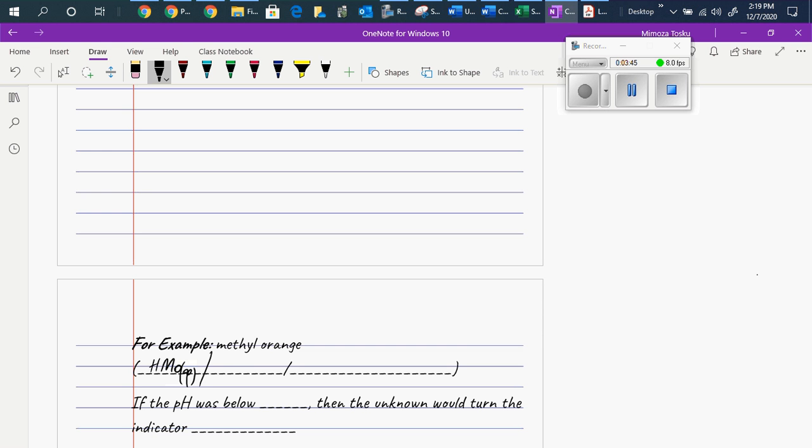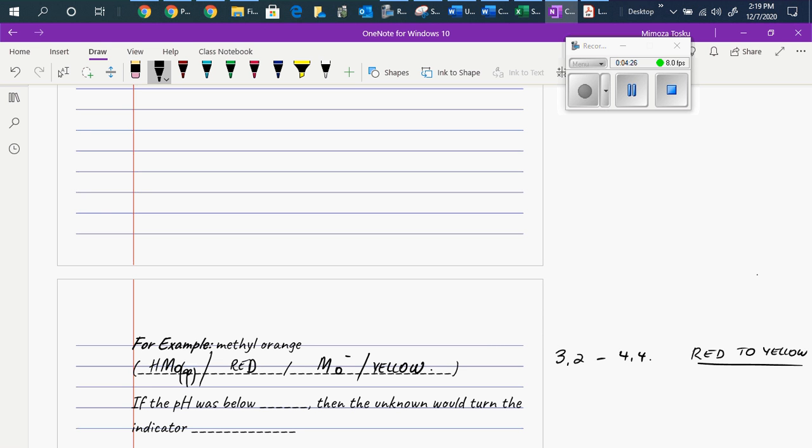HMO is giving you the red color, and MO minus is giving you the yellow color. Now, the range of the pH is from 3.2 to 4.4, as you see here on the third column for methyl orange. And then the colors are red to yellow.